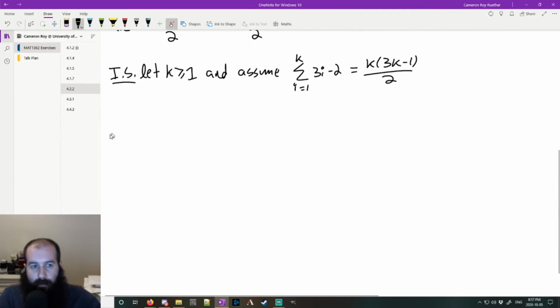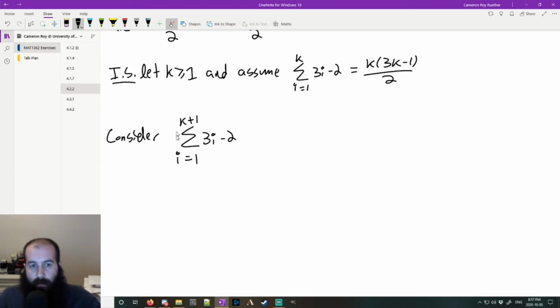Now I'm going to consider the k plus 1 case for the sum on the left, which means that this top index becomes k plus 1. And otherwise we're summing up the same terms. So now it's the sum from 1 to k plus 1 of 3i minus 2.